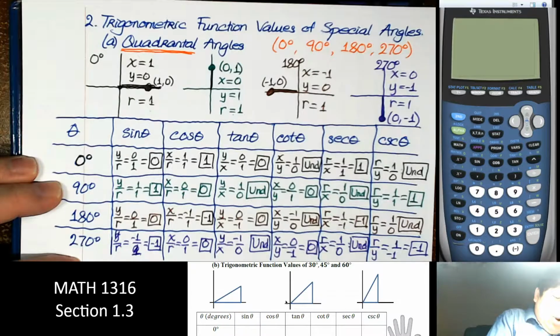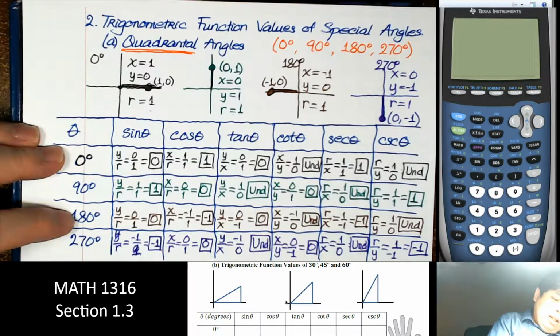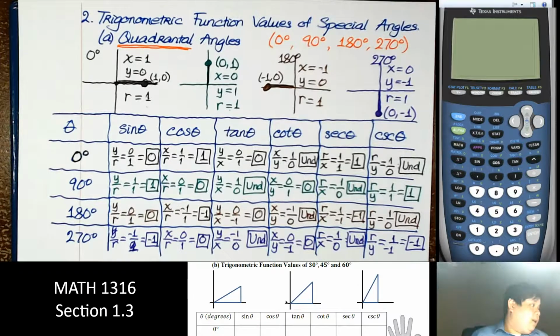Next, we have the trick for special values function: 30 degree, 45, and 60 degree. Before we go any further, of course we can always use x, y, and r, but that takes some time.